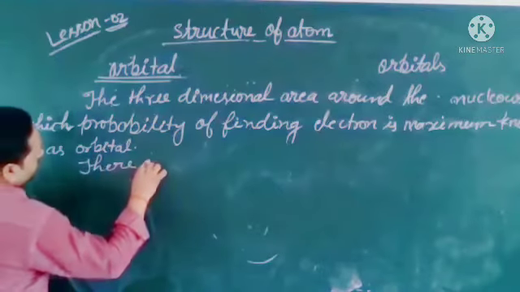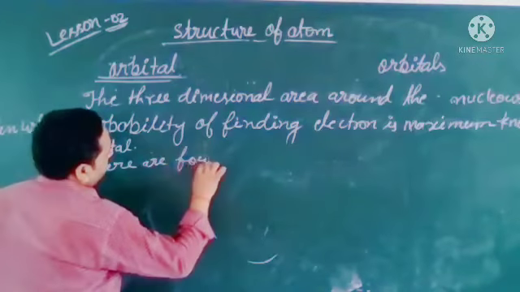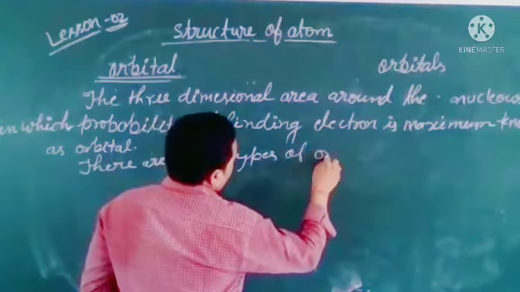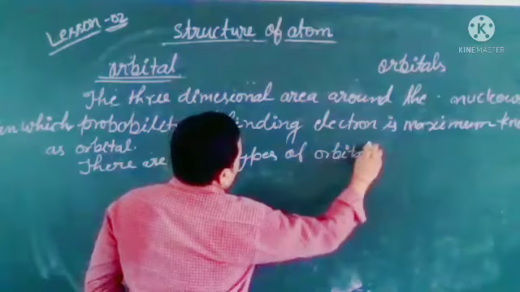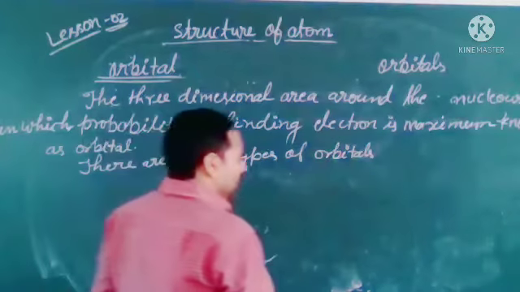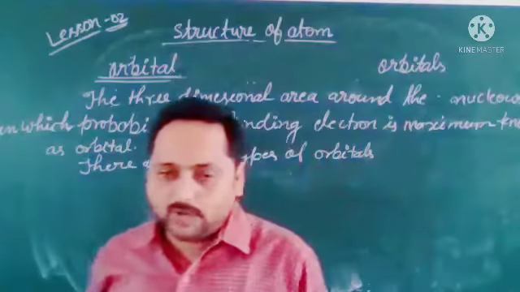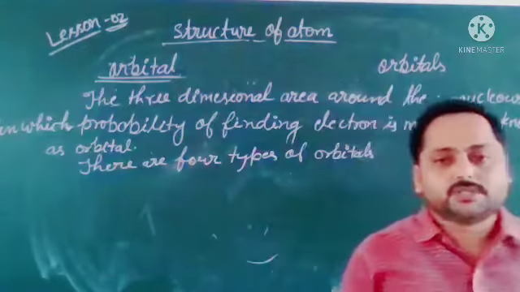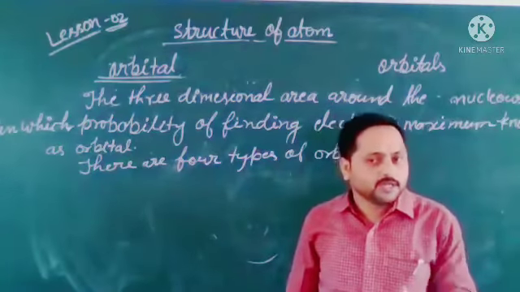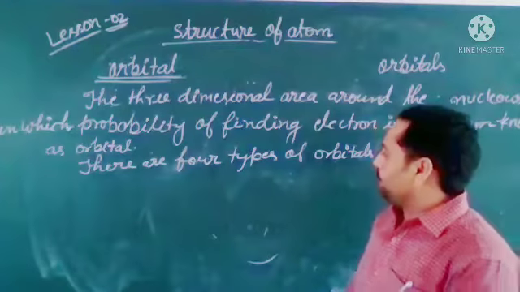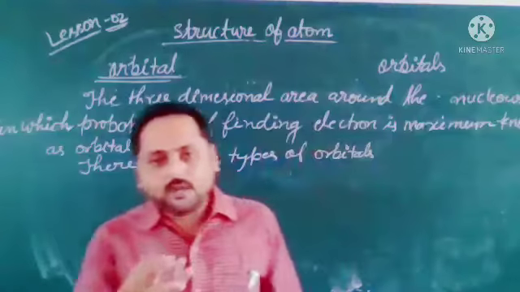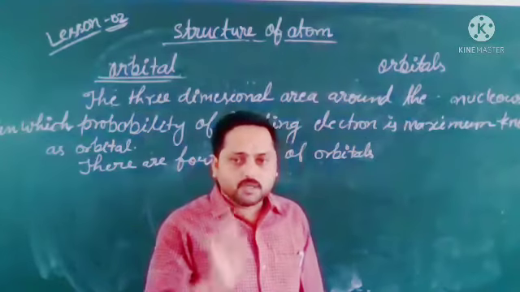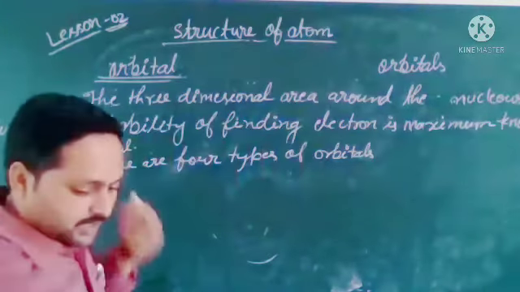There are four types of orbital: s orbital, p orbital, d orbital, and f orbital. What are the four types of orbital? Let's see here.